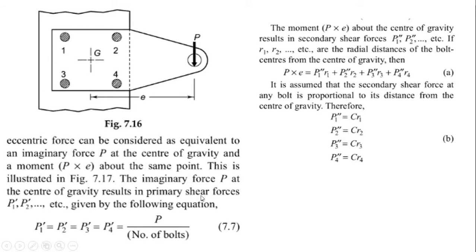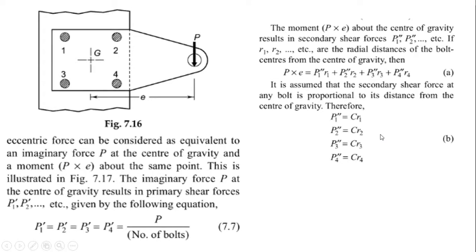The primary shear force is equal in all the bolts: P1 dash equals P2 dash equals P3 dash equals P4 dash equals P divided by the number of bolts. Here the number of bolts is 4, so P divided by 4 gives the primary shear force at bolts 1, 2, 3 and 4.